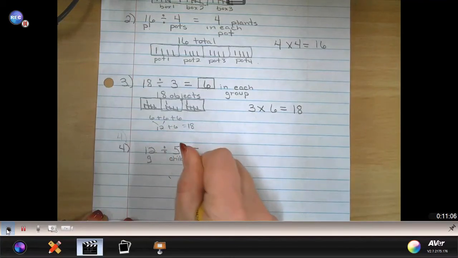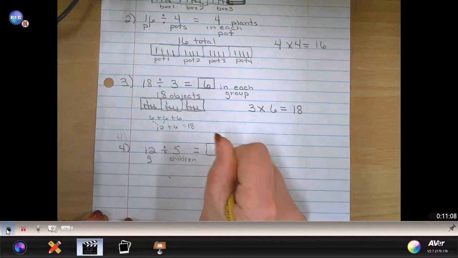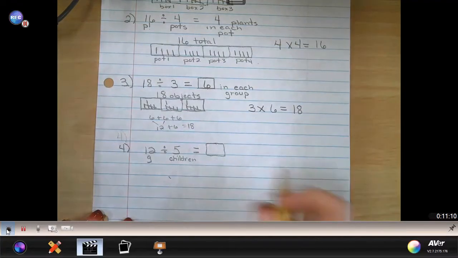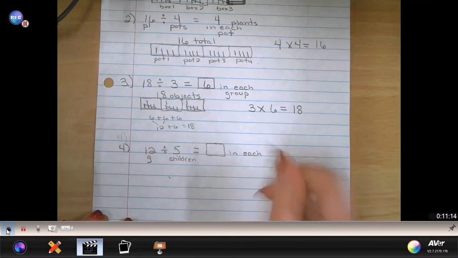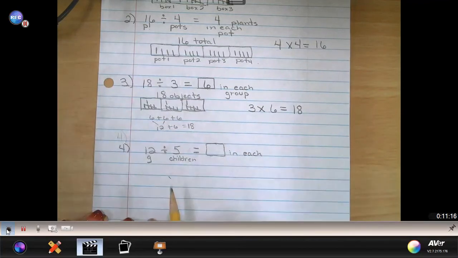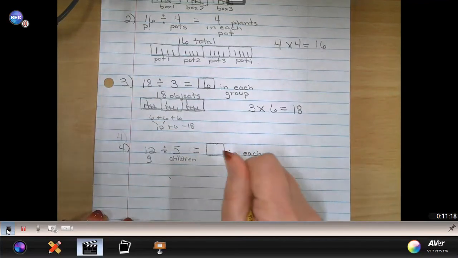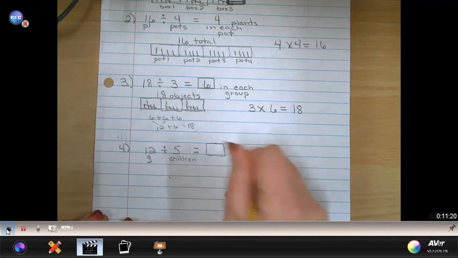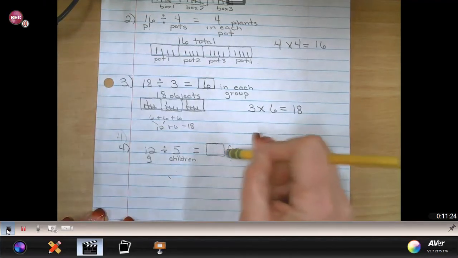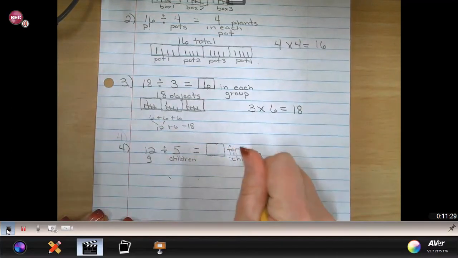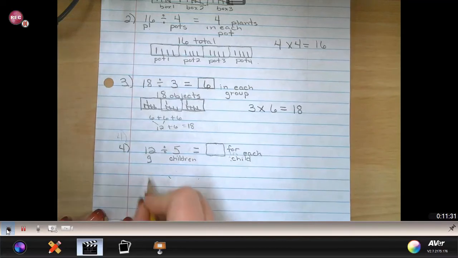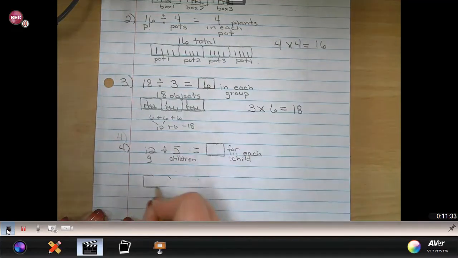All right, now we want to know, can these be shared equally? That means, does each child get the same number of grapes? I should say not for in. We're not going to put the grapes in the children. It's just going to be for each child. So I'm going to model this.